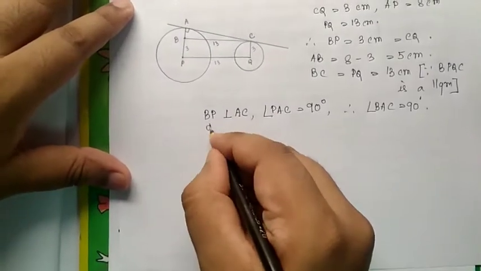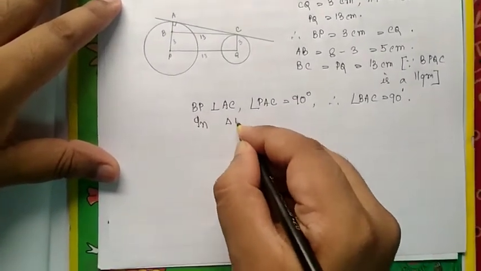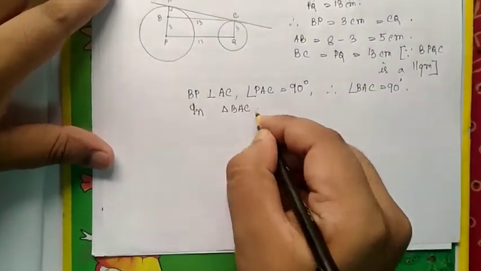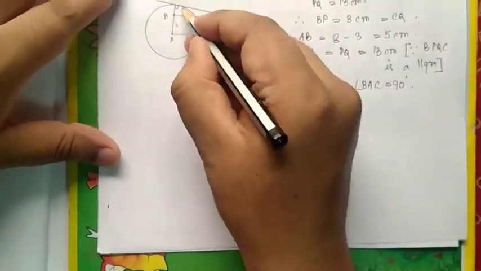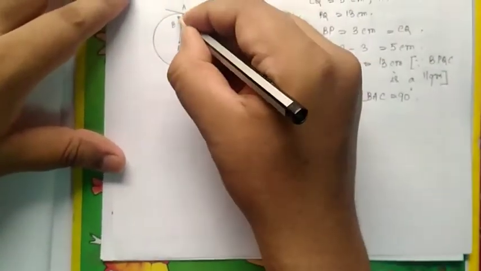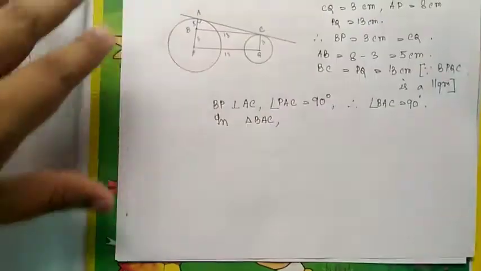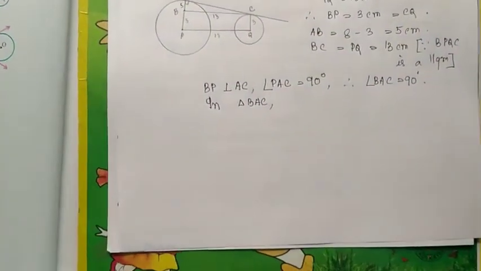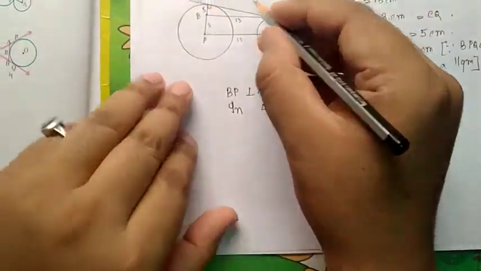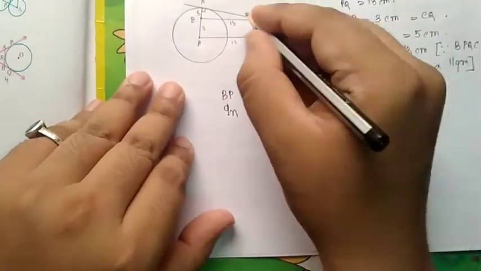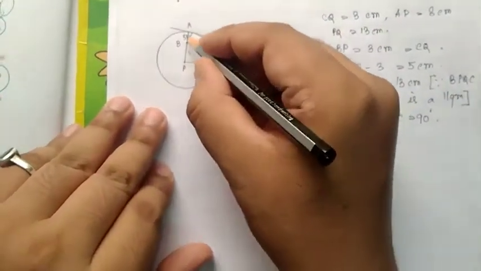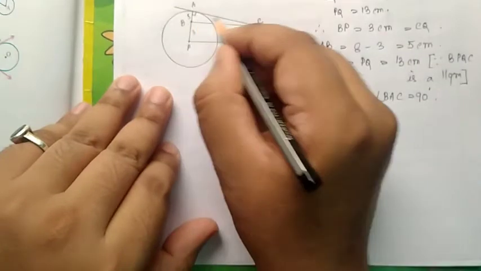So in triangle BAC, we know that this is 90 degree, this is 5 and this is 13. So it's a right angle triangle. So right angled is angle BAC, and therefore the hypotenuse is the opposite side of the right angle. So therefore the hypotenuse is BC.